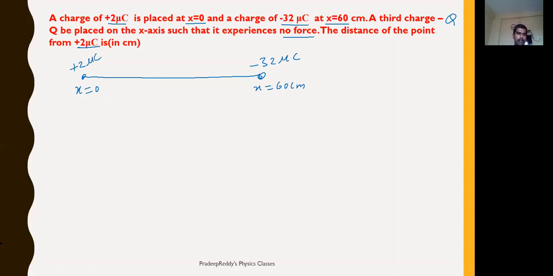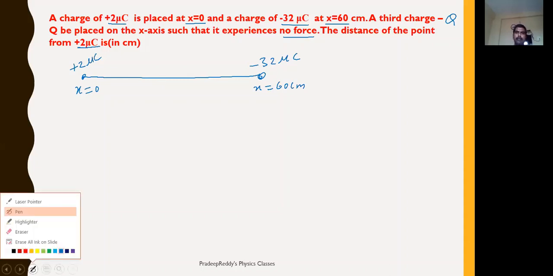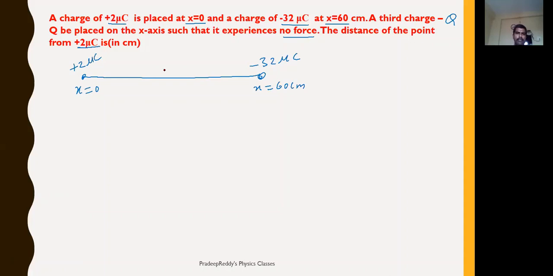For example, say you place minus q charge here. The minus 32 microcoulomb charge will repel it with some force F1, and as plus 2 microcoulomb is positive, there will be an attractive force between these two, and that will be F2. F net will be equal to F1 plus F2, which will not be equal to 0.